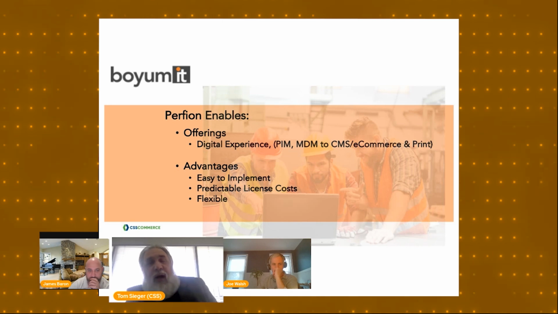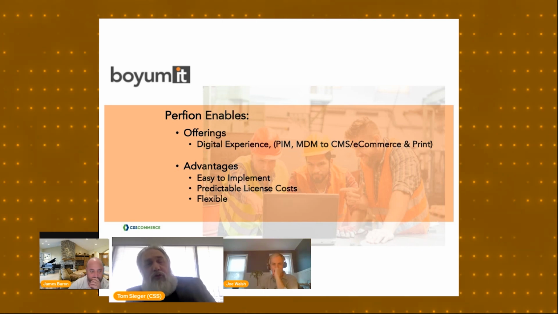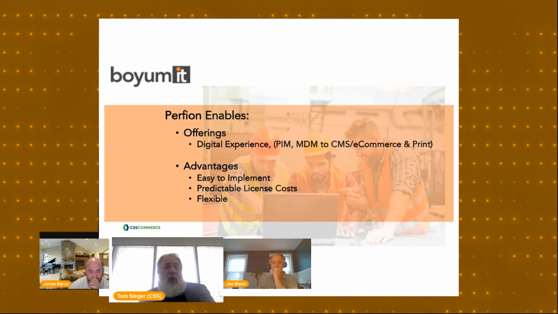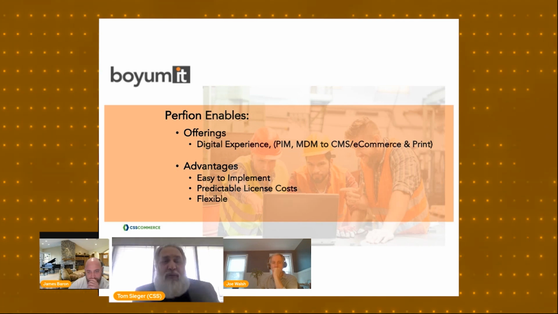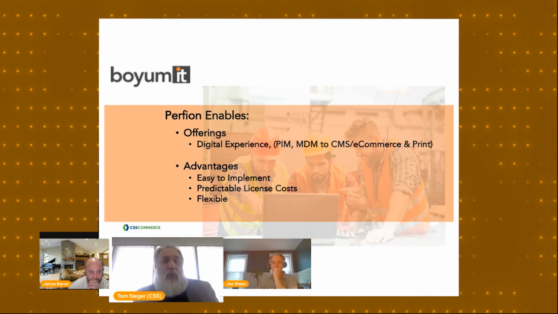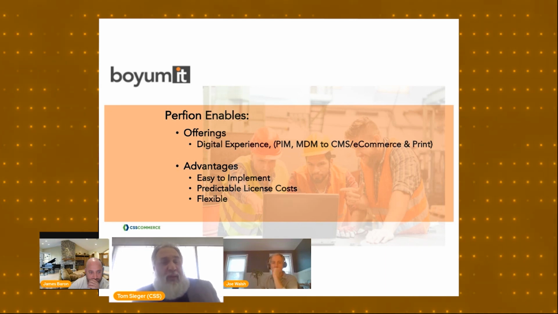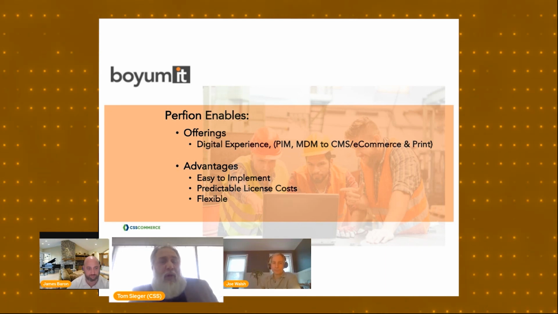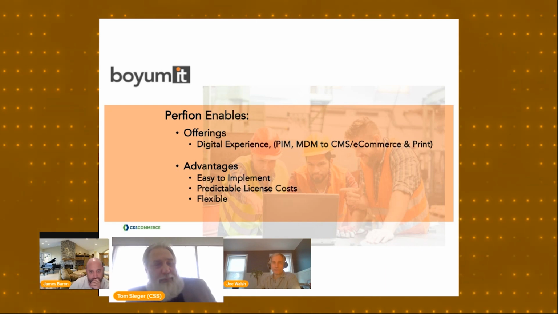Or if you do buy this right now, what else should you be buying alongside of this? PIM or Perfion allows you to manage that from a single screen in a very integrated way with SAP B1 and a number of other ERP solutions.